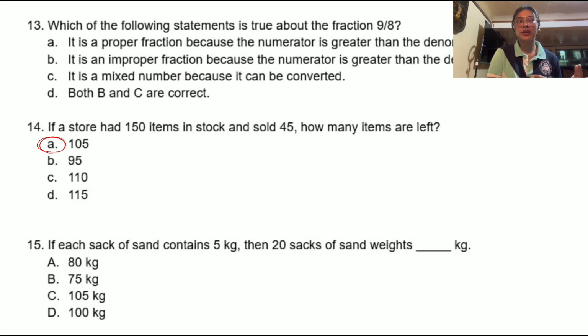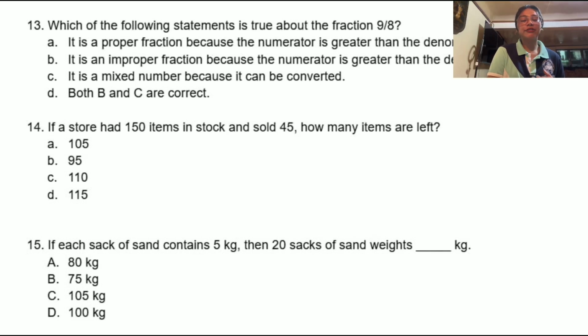So the rationalization would be: the total items left is equal to the total items in stock subtracted by items sold. So 150 minus 45 is equal to 105. Therefore, the correct answer would be letter A. As for the other options, which are 95, 110, and 115, they are incorrect results for the subtraction.